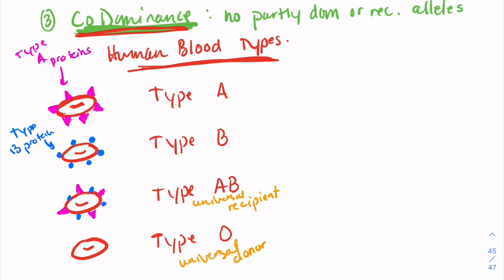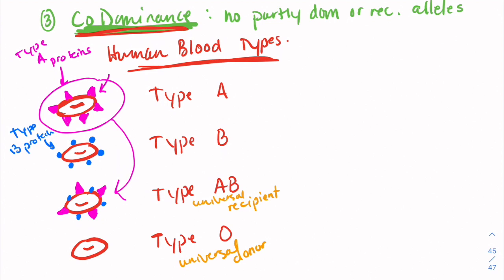Let's say someone gives you blood from a type A person. The type A blood has these little pink spiky A proteins on there, but your immune system is cool with it because your immune system already is comfortable and familiar with having these spiky A proteins. So you're good.